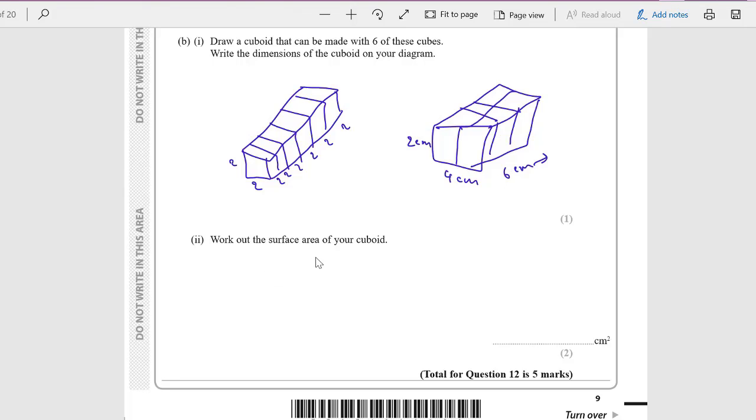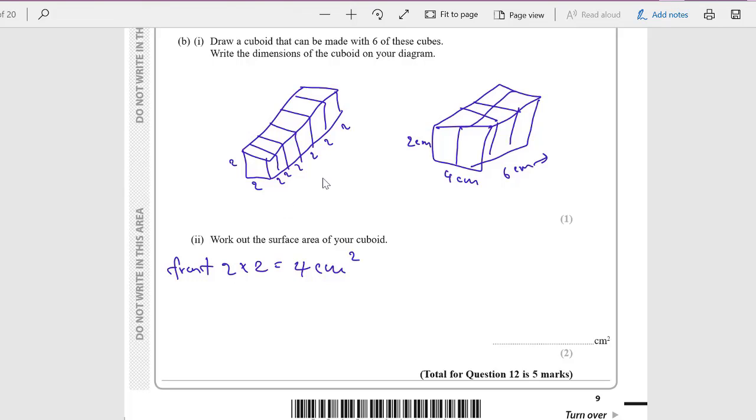Work out the surface area of your cuboid. So I'm going to go with this one. So the front and the back. The front is 2 times 2 equals 4 centimeters squared, and there's 2 of them. So that's the front, and then the side.